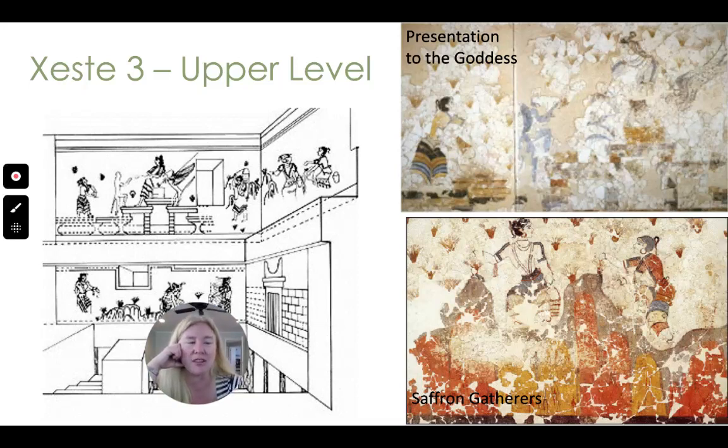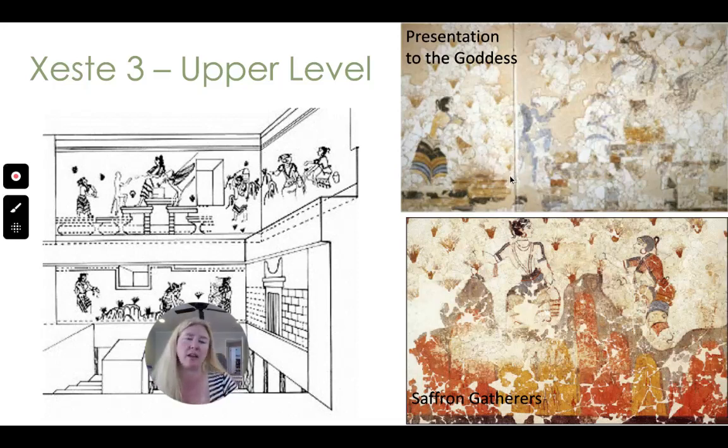But here they are, they're harvesting it. And that seems to be what this figure is now offering to the goddess, right? They harvest the saffron, they pull the little stamens out of the bloom, and that's what contains the stuff that they will use for dye. And here she's pouring out a basket full of these crocus stamens.